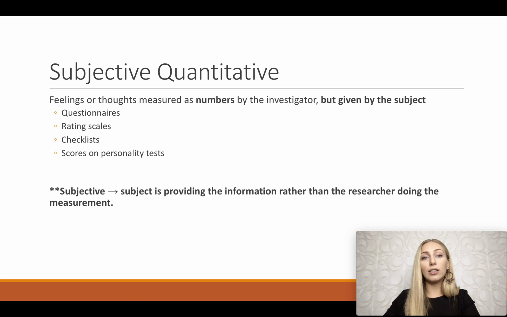So we are the researcher and we are looking for this numerical data being given by the subject. So the way that we can gain this data is through questionnaires, rating scales, checklists, or scores on a personality test. So remember, this is subjective data, so feelings or thoughts measured as numbers given by the subject.